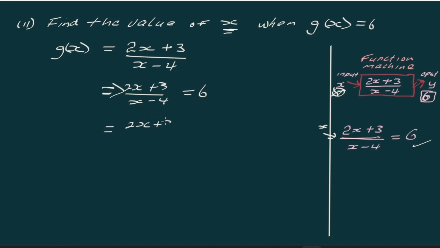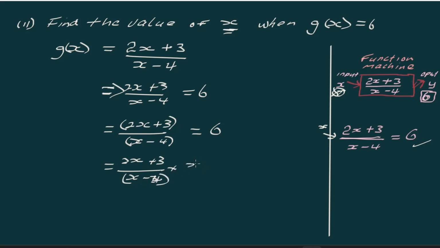So it's 2x plus 3 all over x minus 4. And once we have a division line like this, we put everything in brackets because it's a single unit. So you're going to treat the denominator and the numerator as a single unit. Now we need to remove the denominators and multiply each side of the equation by the denominator, x minus 4.